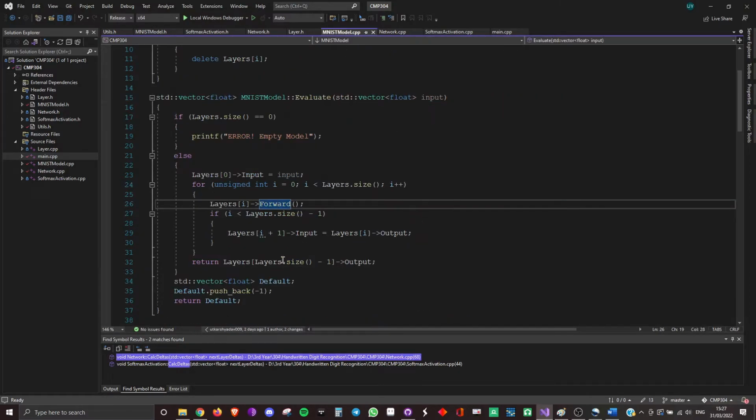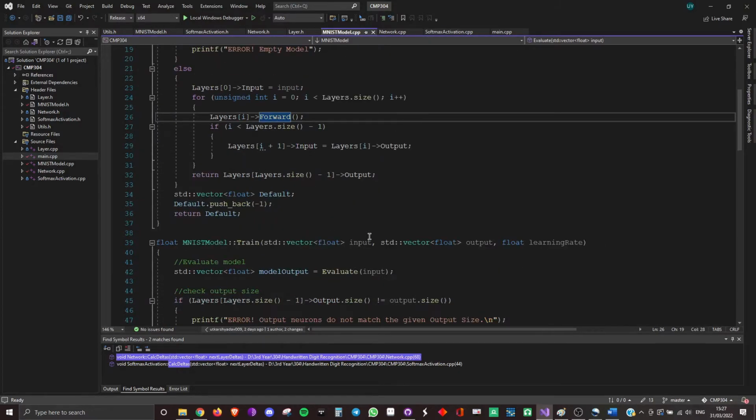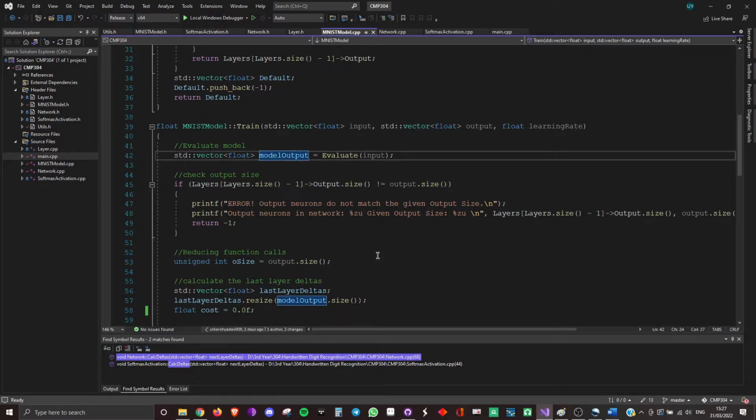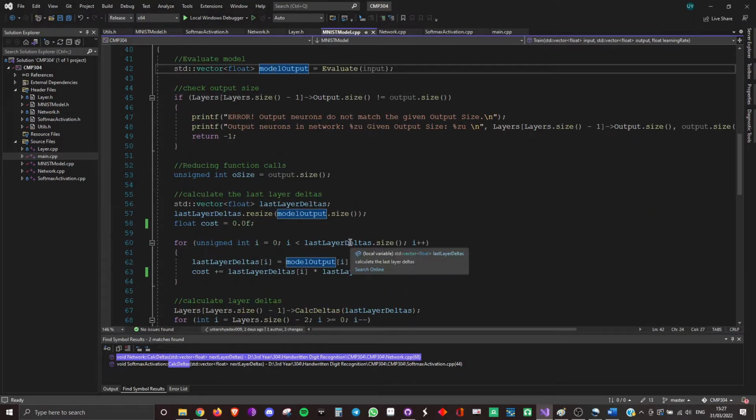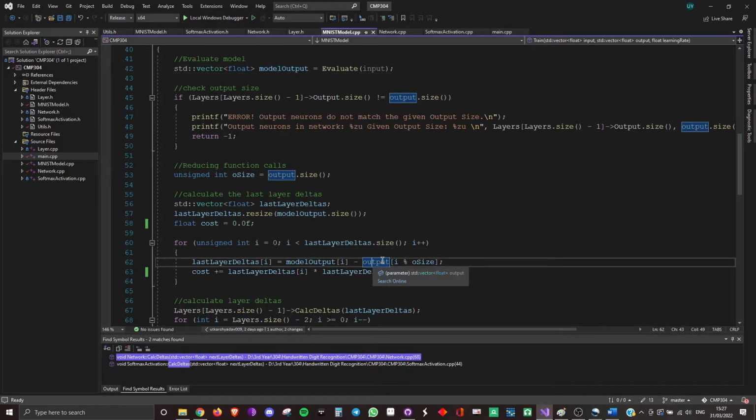After the model has been evaluated, it goes back to the training set and is stored in the model output, and then the deltas and the weights are calculated based on how far off the output was from the actual label output.